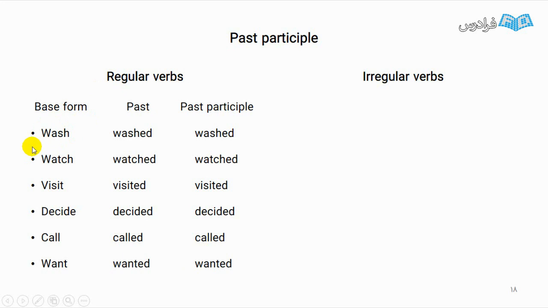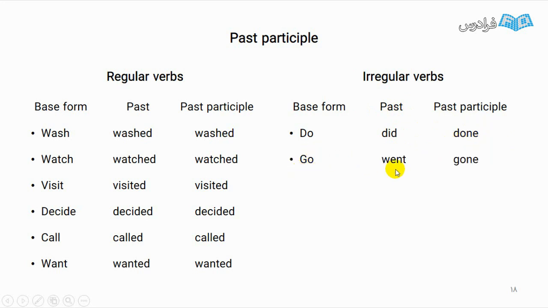Let's check again. When a verb is regular, it doesn't matter if we are talking about the past or past participle form, it's enough to add ed at the end. But what about irregular verbs? We have a different story about them. Verbs like do, the past form of do is did, and the past participle is done.